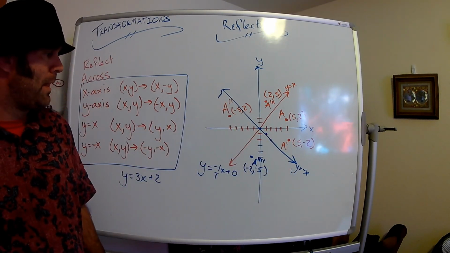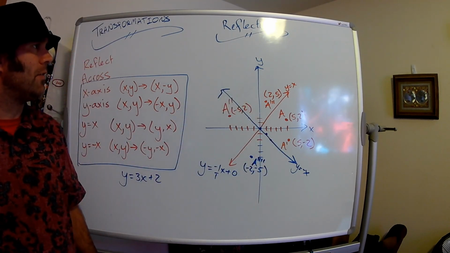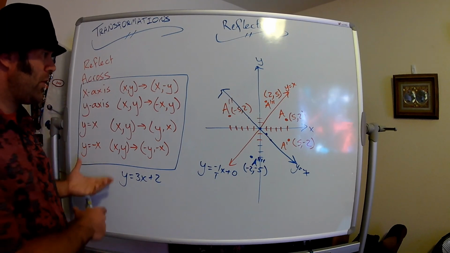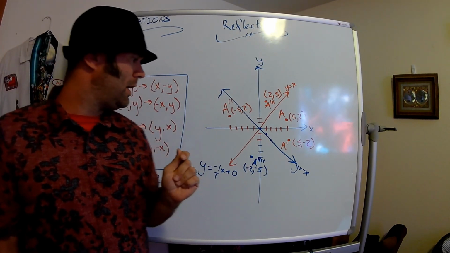Okay? So hopefully it's not too messy. You can see what everything is doing there. These are the 4 reflections that I want us to get really good at. And then we can move on.